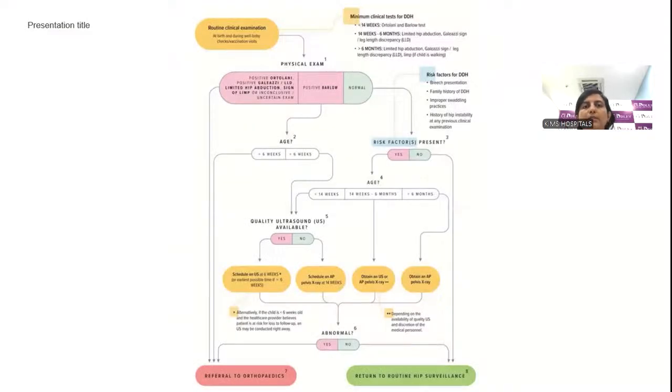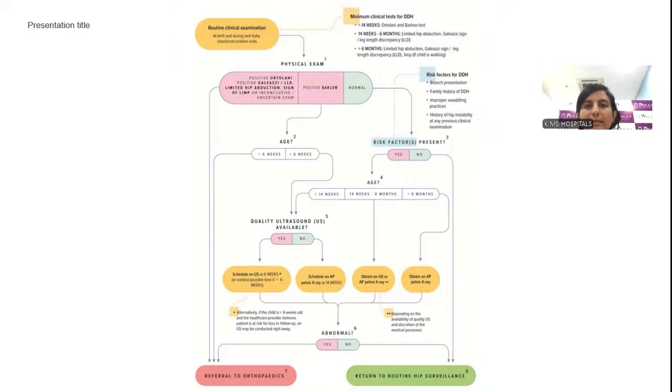So when the baby presents at birth, we usually screen for 4 risk factors. That is presence of breech presentation. Is there any family history? Any improper swaddling practices? And any history of hip instability in any of the clinical examination. If one or more of the risk factors are present, then we go ahead with the ultrasound at 6 weeks.